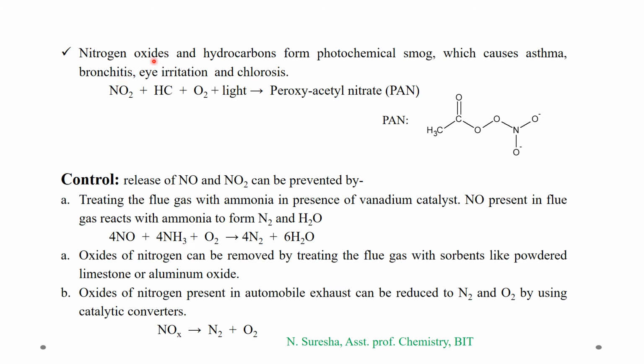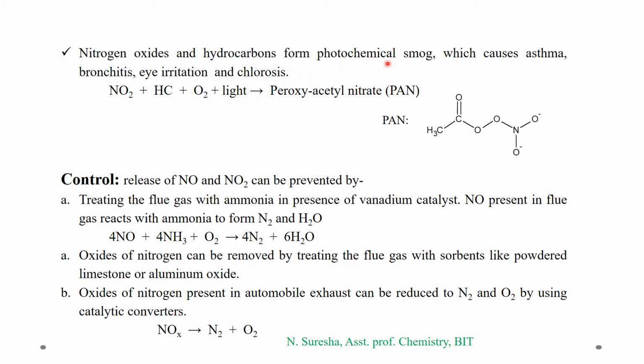Nitrogen oxides and hydrocarbons form photochemical smog, which causes asthma, bronchitis, high irritation, and chlorosis. Oxides of nitrogen react with the hydrocarbons in the presence of oxygen and sunlight. It leads to the formation of photochemical smog.